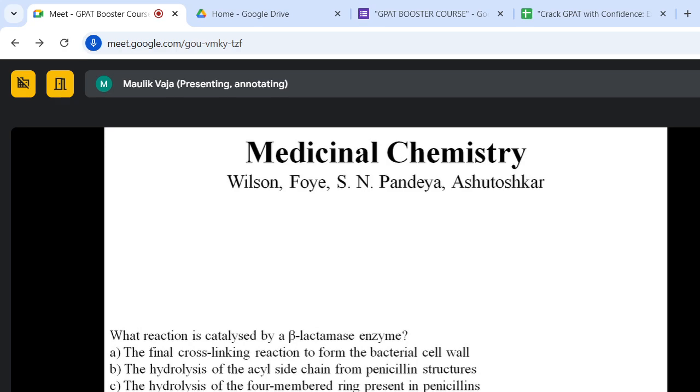And the third disadvantage is that it is effective only against gram positive bacteria. So if you also want effect against gram negative bacteria, what can you do?